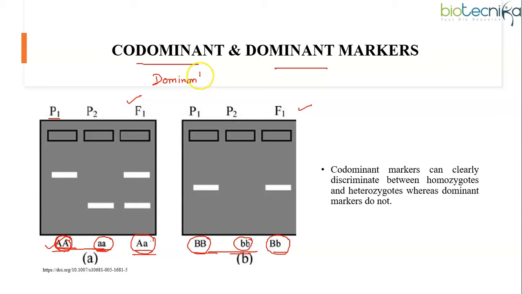So this allele is dominant over this one, and this allele is dominant over this one. This is the homozygous dominant condition and this is the homozygous recessive condition. Similarly for the B gene, this is homozygous dominant and this is homozygous recessive. Now when an individual possesses two different alleles at a locus, we call it a heterozygous condition.